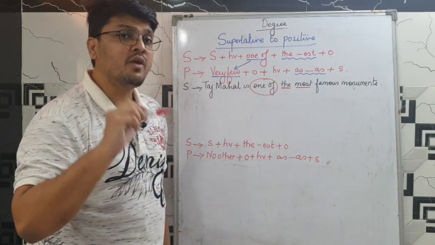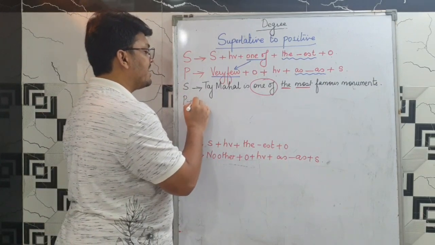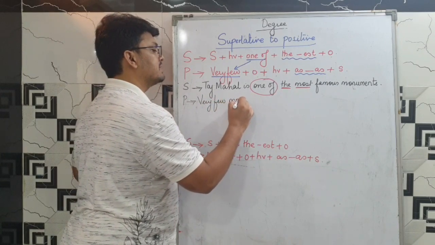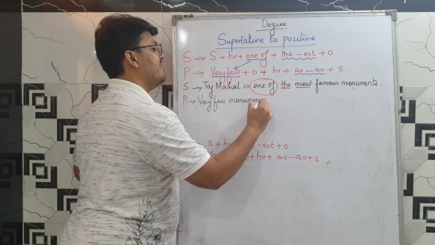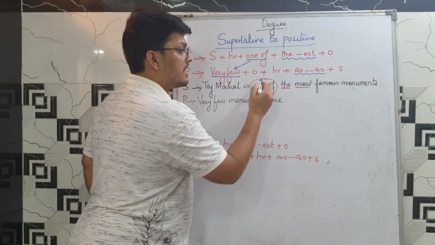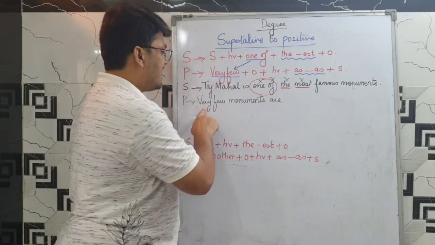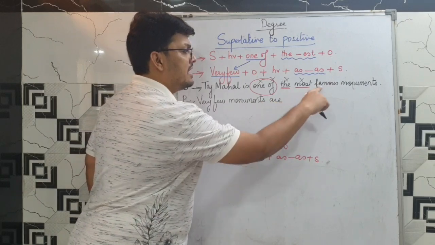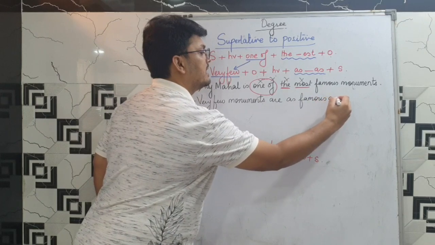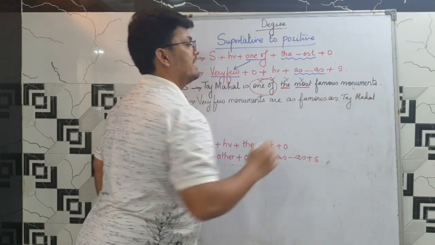So students, if you see one of in superlative degree, you will begin positive degree with very few. So very few monuments are. Remove one, remove of, remove the, remove most. Very few monuments are as famous as Taj Mahal.